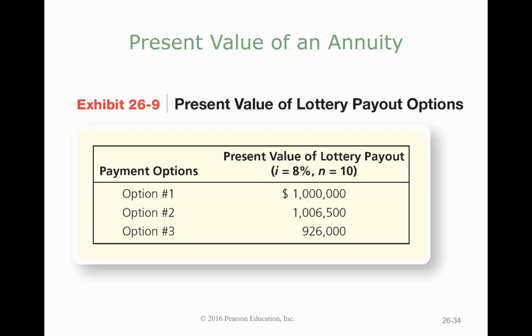So again, you go to the present value of an annuity table, you put N equals 10, I equals 8. Bring that together, it gives you a factor. You multiply that factor by the $150,000 and you come up with $1,006,500.